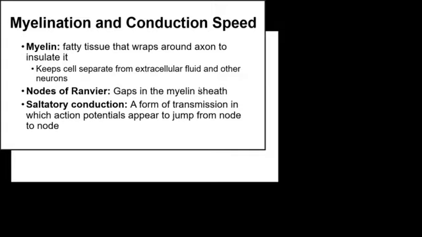And the presence of these nodes of Ranvier actually leads to something that they call saltatory conduction. I remember this one because the word saltation means that something appears as if from nowhere. Saltatory conduction is a form of transmission where our action potentials jump from one node to the next. On the surface, it looks like nothing's happening in between.